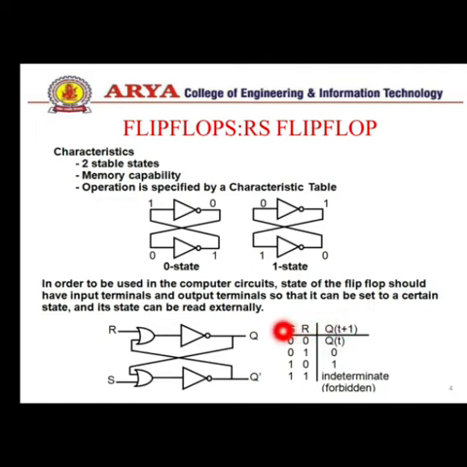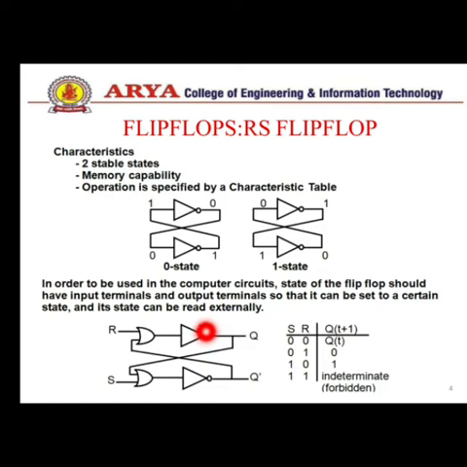So in the 1 1 condition, we apply this condition to the circuit. So R equal to 1 and S equal to 1. 1 plus q bar is equal to 1, and then 1 is applied on the input of the NOT gate, and the output is 0. So 0 is connected to S, 1 plus 0 equals 1, and 1 is connected to the second input of the NOT gate, and this is also 1.